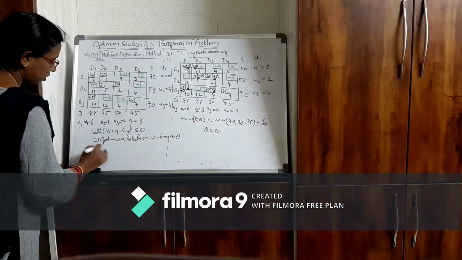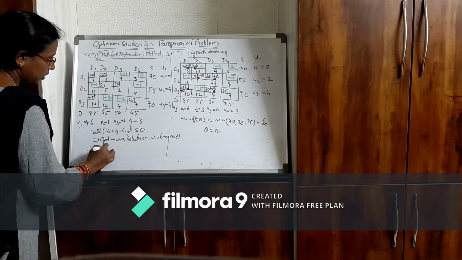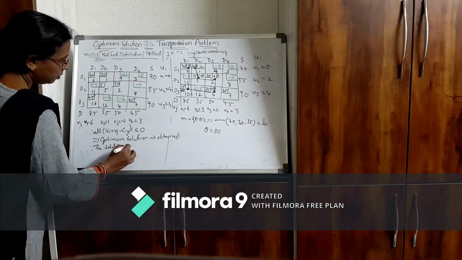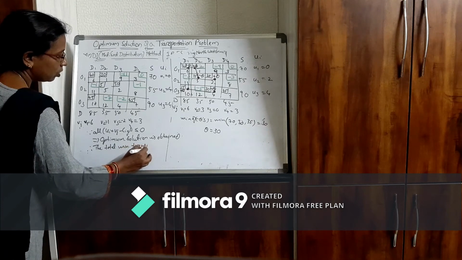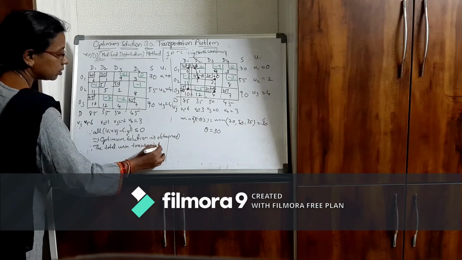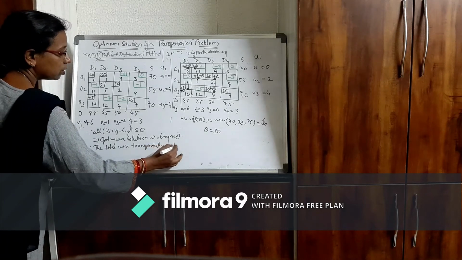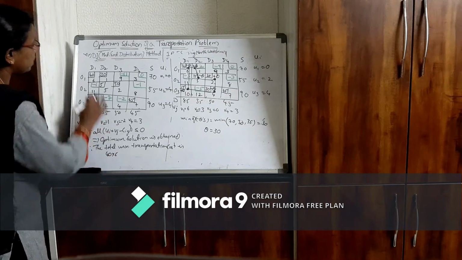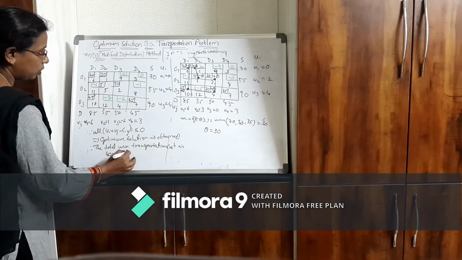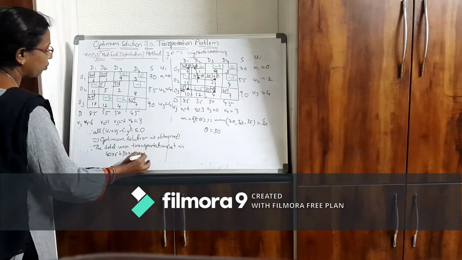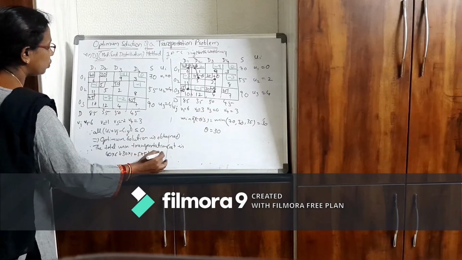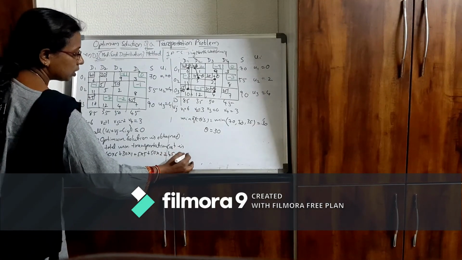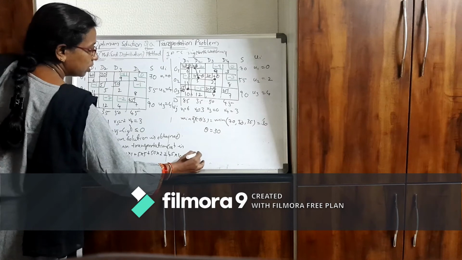Therefore, the total minimum transportation cost is 40 into 6 plus 30 into 1 plus 5 into 5 plus 50 into 2 plus 45 into 10 plus 45 into 7.